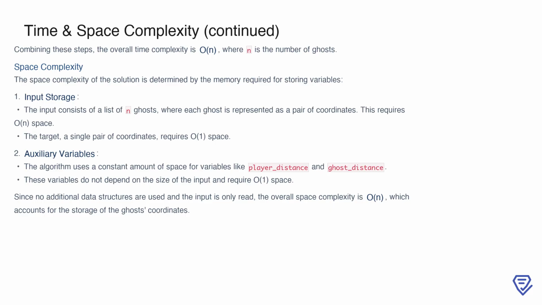In addition, the algorithm uses a fixed number of variables, such as those for storing the player's distance and each ghost's distance during computations. These variables do not grow with the size of the input and therefore contribute O(1) to the space complexity. Since no additional data structures are used and the algorithm only processes the input directly, the overall space complexity is O(n), which is dominated by the input size.